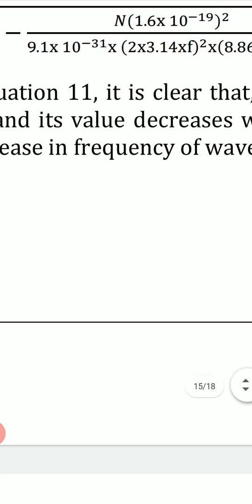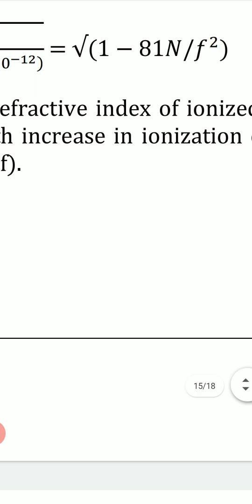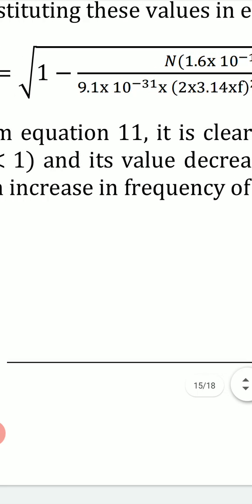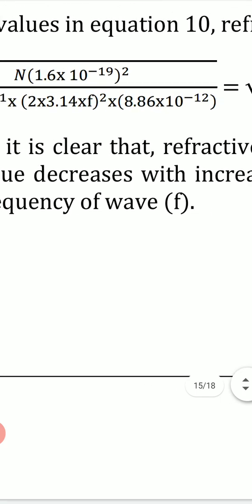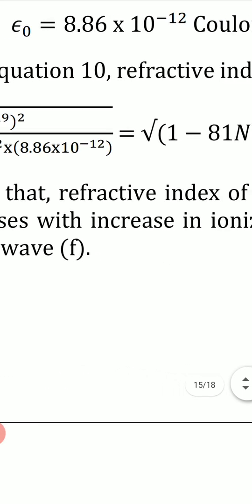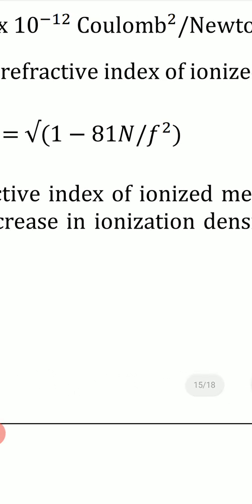n is less than 1 and its value decreases with increase in ionization density N and increases with increase in frequency of wave f. So refractive index n will depend on capital N and f. If capital N increases, then small n will decrease. Capital N is the electron concentration, density of electrons. It is the number of electrons per unit volume.